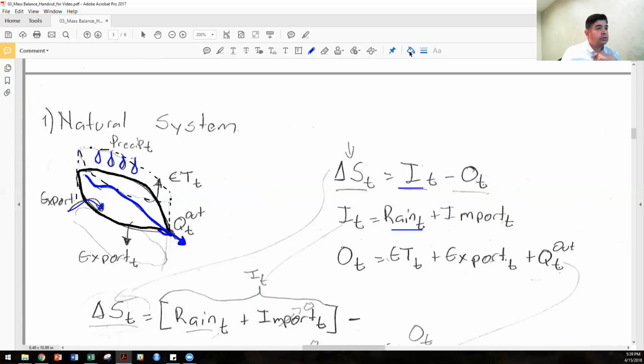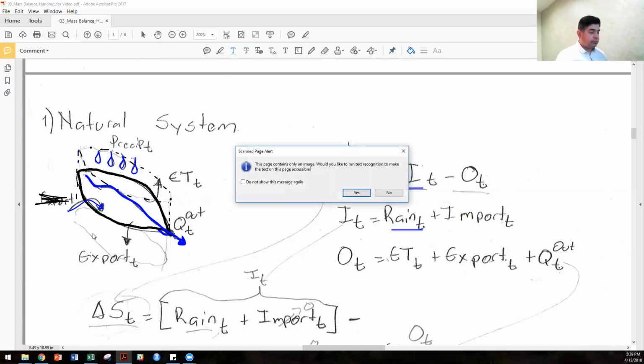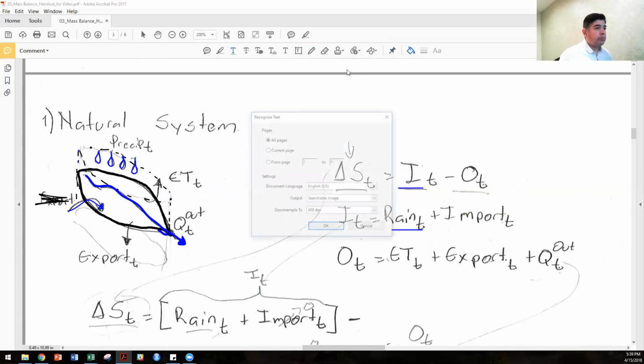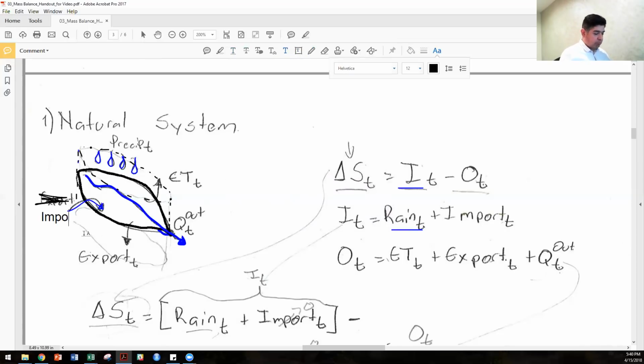So here it must say import. Okay. So these are our two inflows.